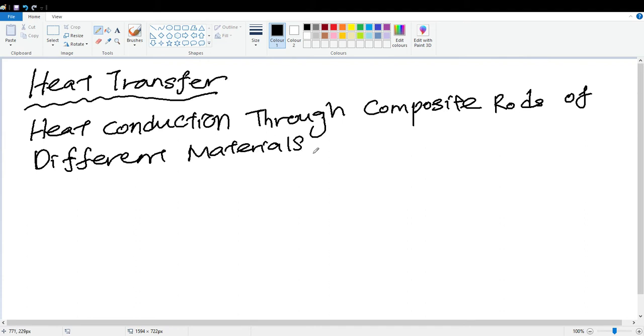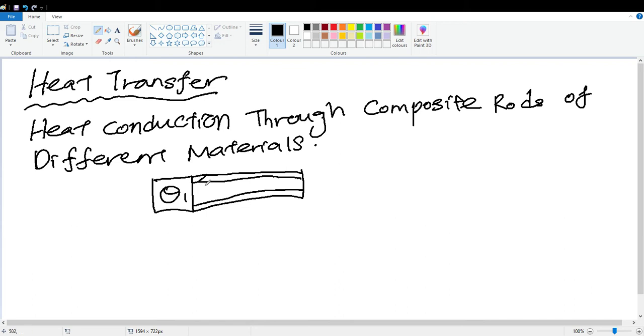Let's say I have my object 1, which has a temperature θ1. This object 1 is kept in touch with a rod here. This rod is, of course, perfectly insulated, and this rod will be my K1.